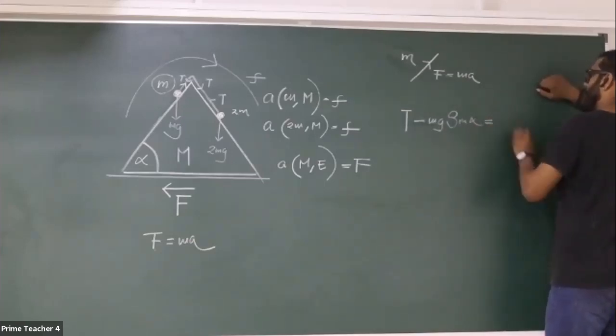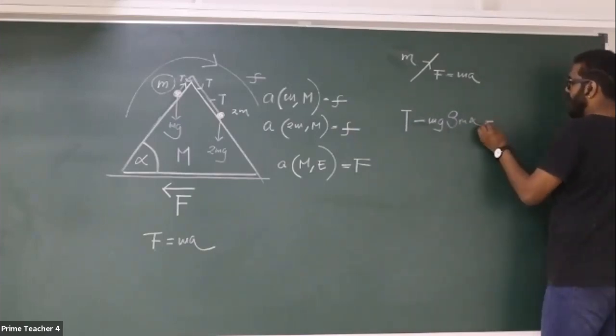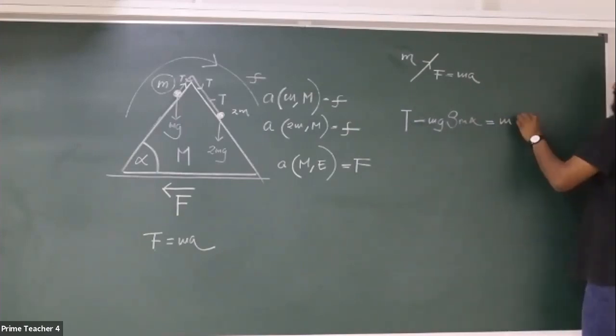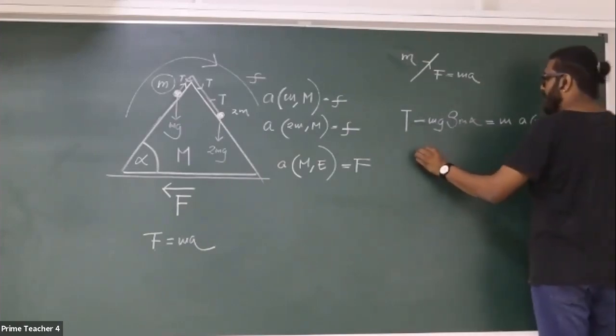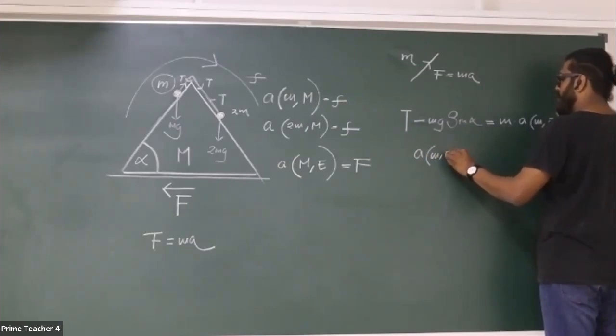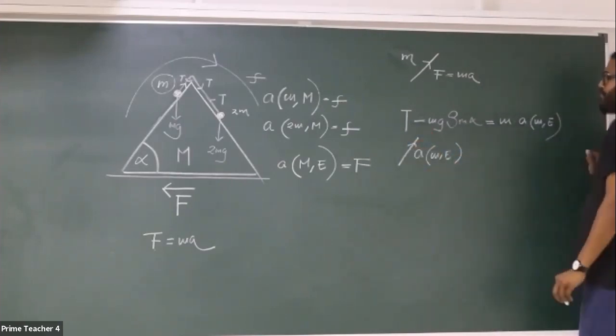Equals, now the mass is m, but this acceleration has to be the one which is relative to earth, right? So let's try to find what is the acceleration of m relative to earth, especially in this direction.